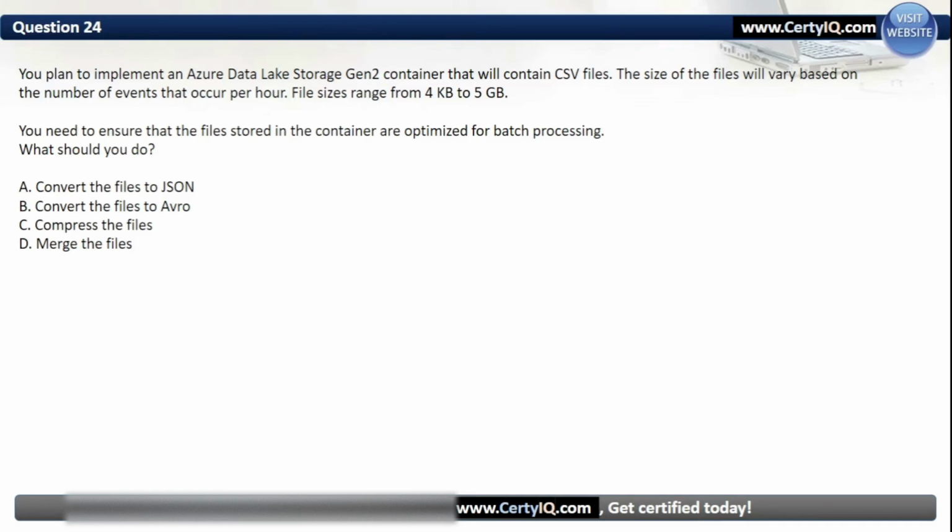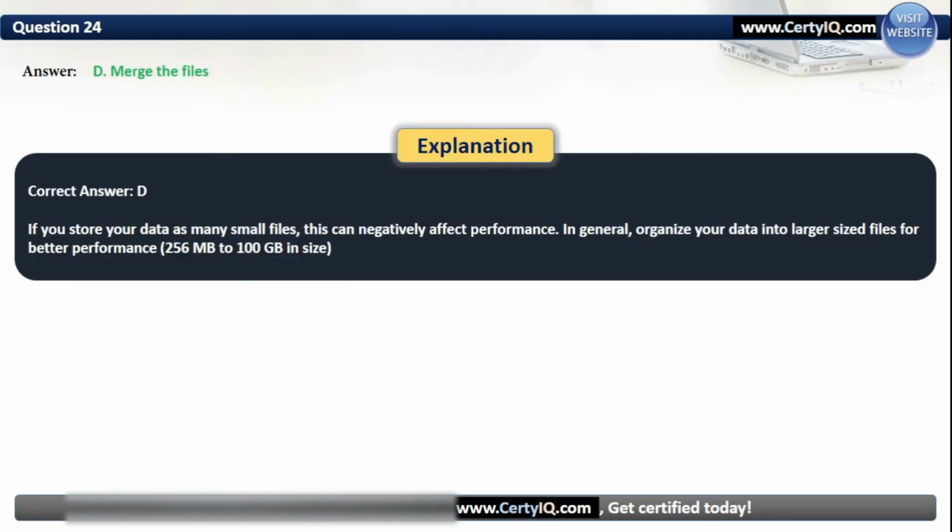Our options are A. Convert the files to JSON, B. Convert the files to Avro, C. Compress the files, or D. Merge the files. The correct option is D. Merge the files. If you store your data as many small files, this can negatively affect performance. In general, organize your data into larger sized files for better performance.